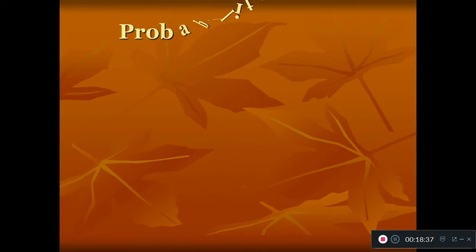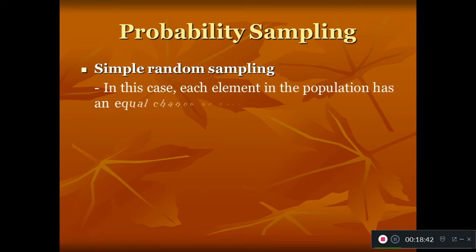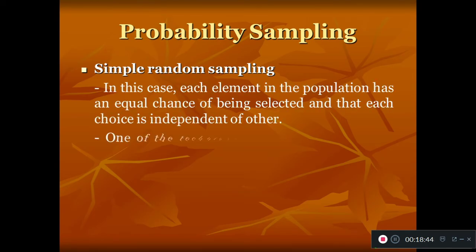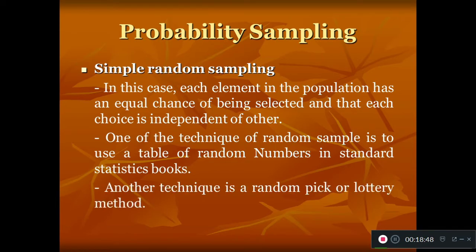So probability sampling method, the first type, first we are going to discuss simple random sampling. This is the most commonly used sampling technique in all the research, particularly in the true experimental research.